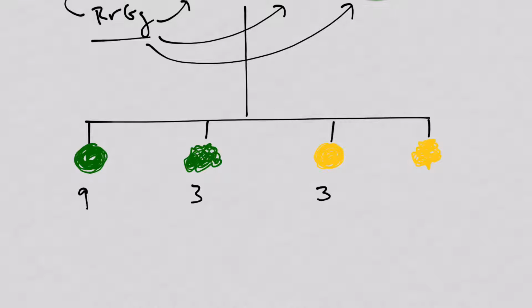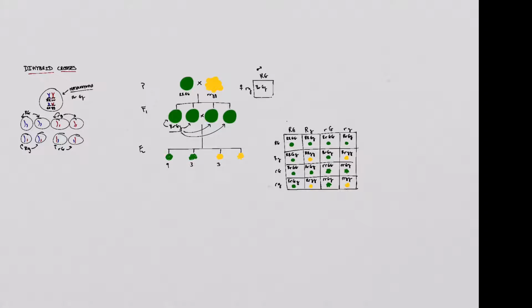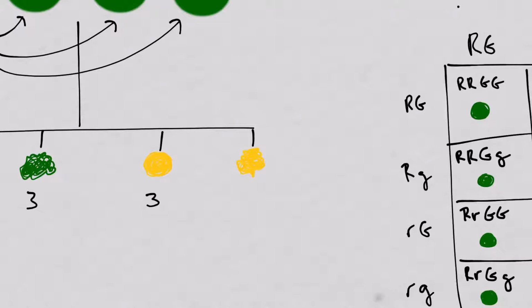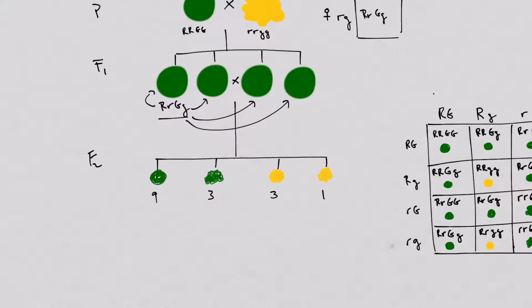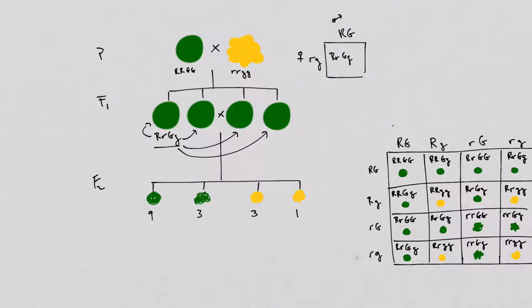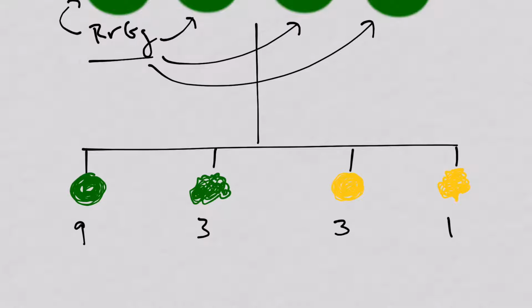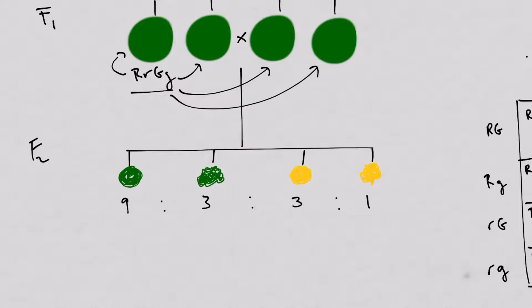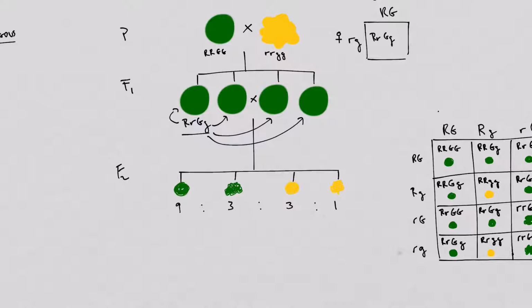And just one lonely yellow wrinkled guy. So the ultimate outcome of a dihybrid cross, you're going to see a 9 to 3 to 3 to 1 ratio in the F2 generation.